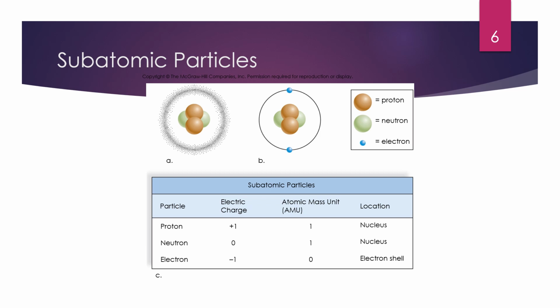So this is just some pictures. The nucleus is the innermost part, and it contains all the protons and the neutrons. And then the electrons spin around the nucleus. This is the kind of picture you tend to see showing the spinning of the electrons around the nucleus. It's somewhat misleading because it looks like the electrons have specific orbitals, like the path of the Earth around the sun and the moon around the Earth.